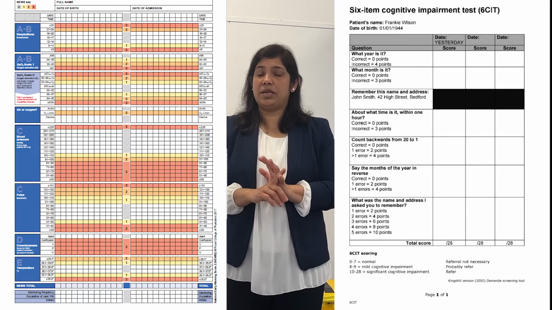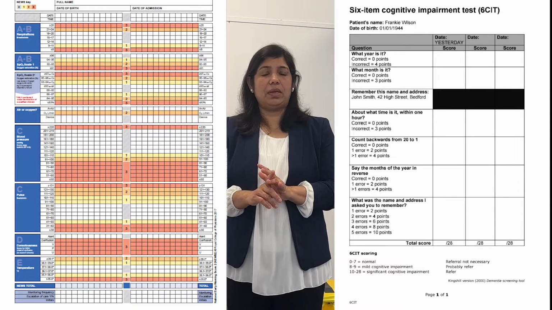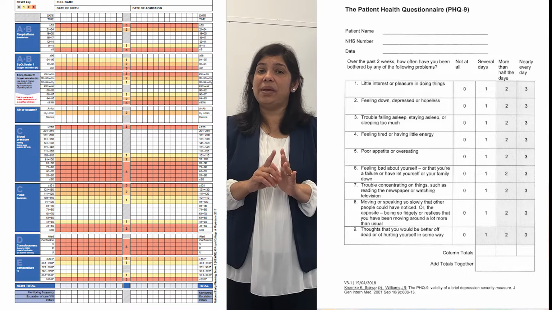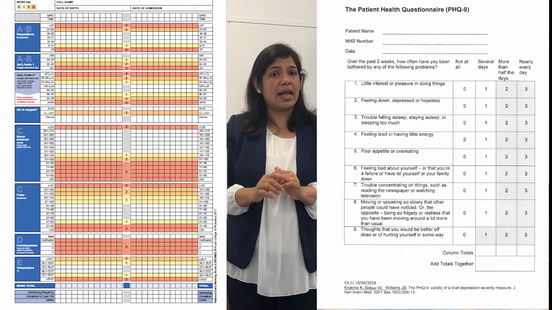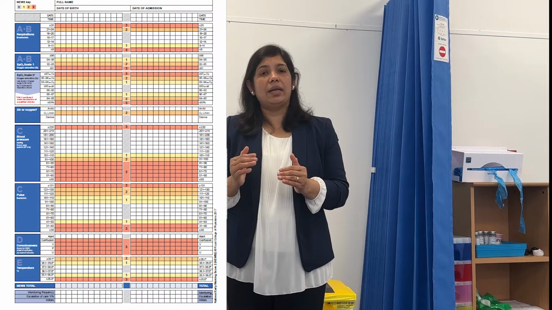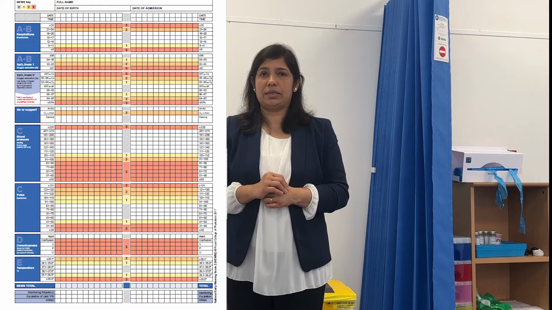For example, if it is Alzheimer's disease, you will be doing the NEWS chart and the cognitive assessment. If it is anxiety and depression, you will be doing the NEWS chart and PHQ-9, the patient health questionnaire. If it is an asthma scenario, you will be doing only the NEWS chart. And if it is chronic heart failure, again only the NEWS chart.